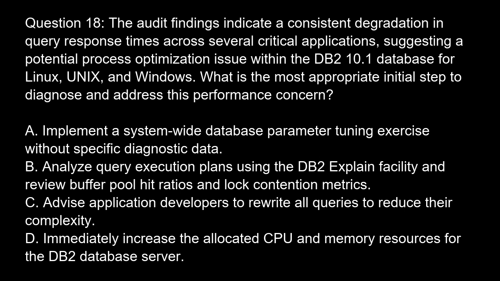Option B. Analyze query execution plans using the DB2 explain facility and review buffer pool hit ratios and lock contention metrics. Option C. Advise application developers to rewrite all queries to reduce their complexity. Option D. Immediately increase the allocated CPU and memory resources for the DB2 database server.